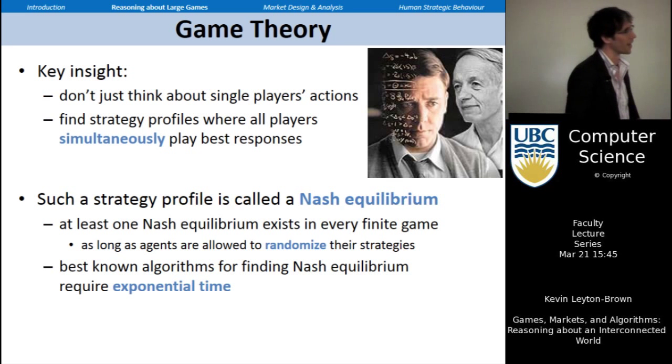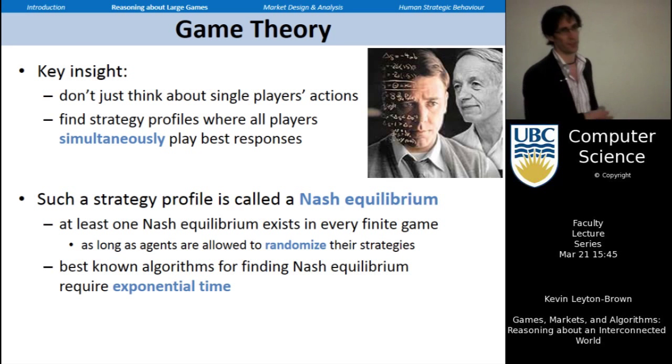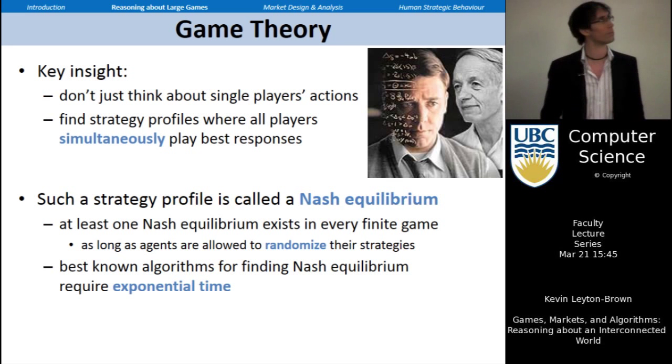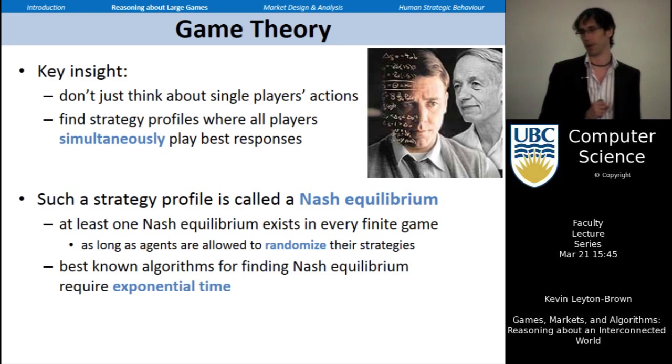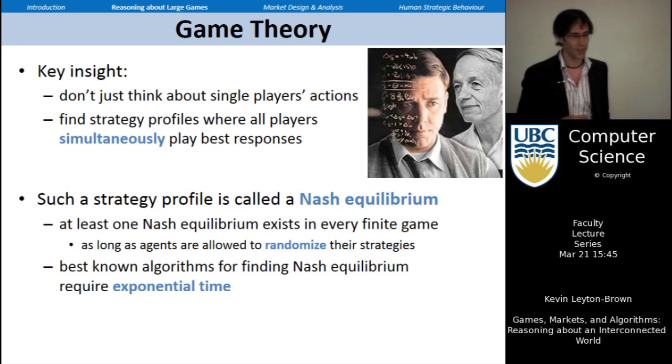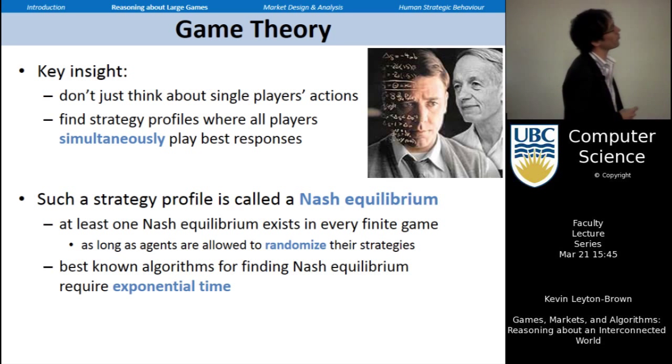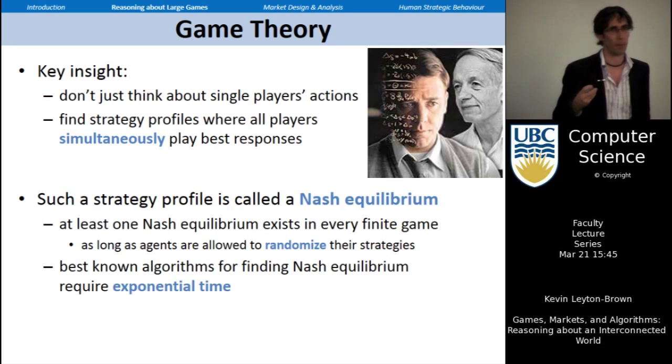Well, the key insight for which John Nash was rewarded by being the subject of a movie about his mental illness and played by Russell Crowe, and incidentally by the Nobel Prize in Economics, was the idea of a Nash equilibrium. And what John Nash said was, let's not think just about single players' actions and about best responses.